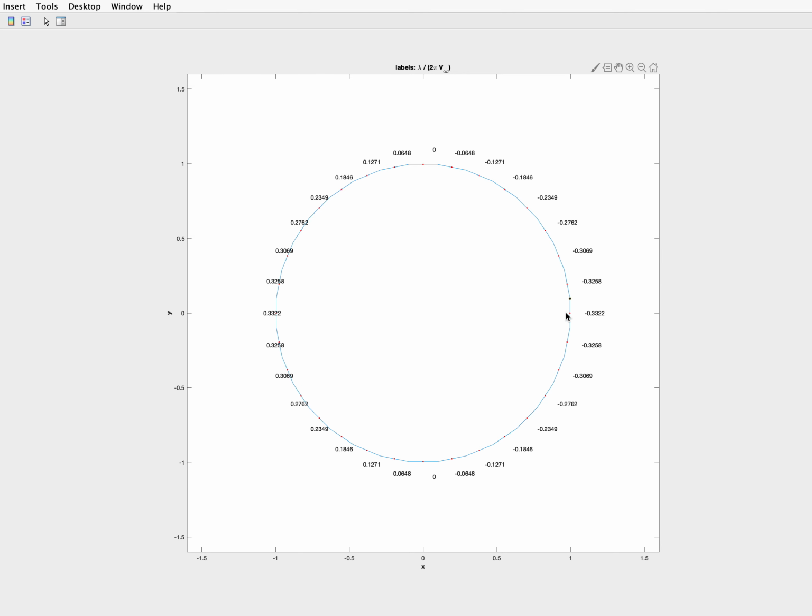The stronger panels are the ones at theta equals 0. The weaker ones are closer to 90.